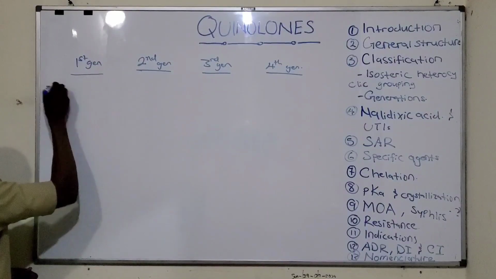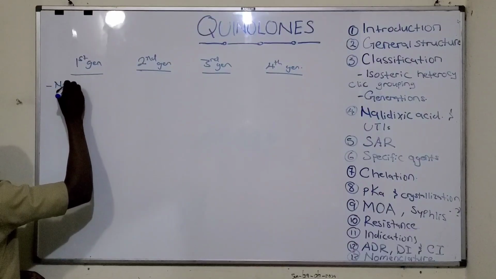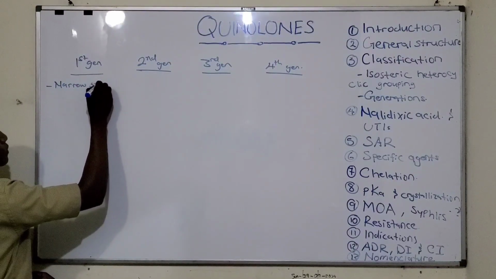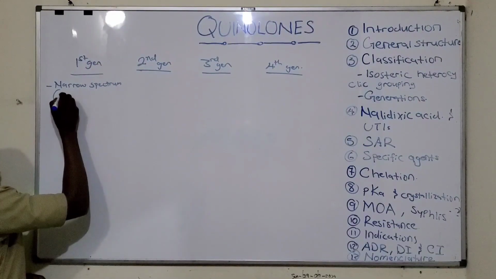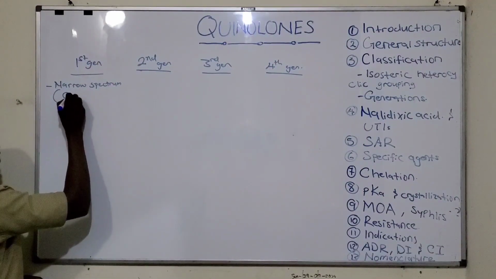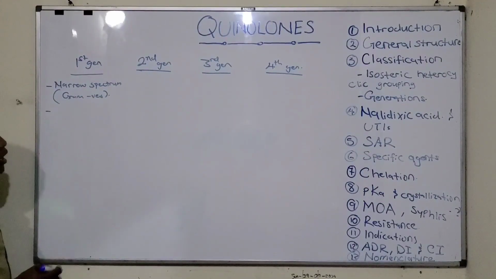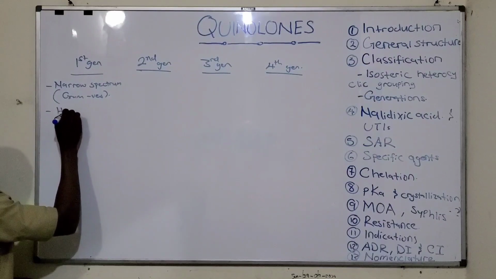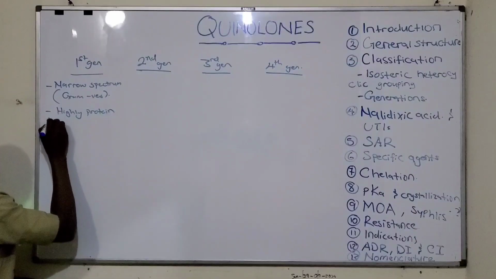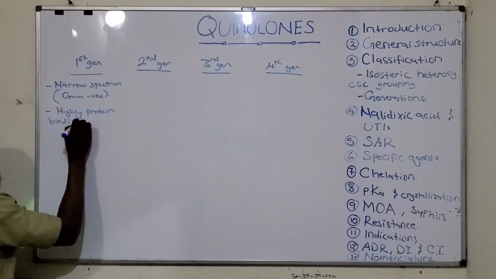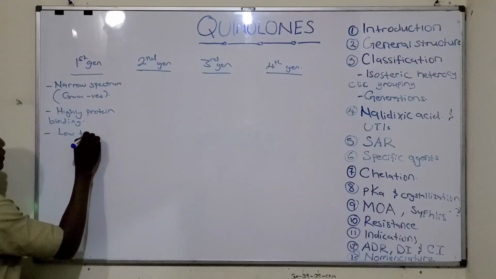In the first generation, these quinolones had a narrow spectrum. They are restricted to the gram negatives. They were highly protein binding. They had low tissue permeability.